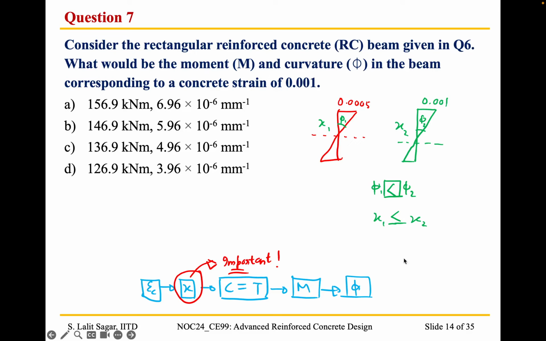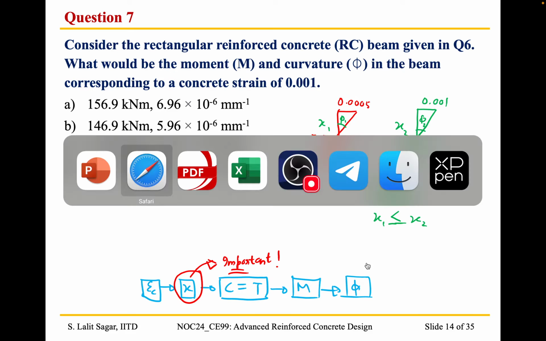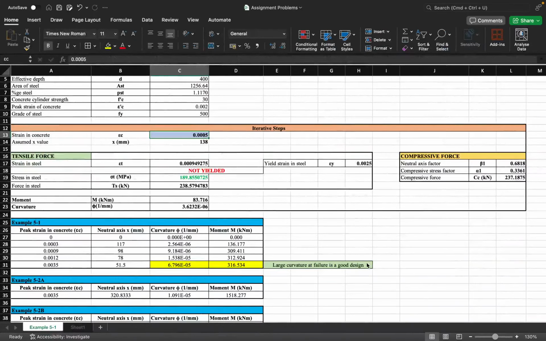So you can help me to determine the value of neutral axis for this particular problem. Feel free to participate. The cross sectional properties are the same. We just need to modify the value of strain, that is 0.001. You need to ensure that the value of Cc is the same as Ts.